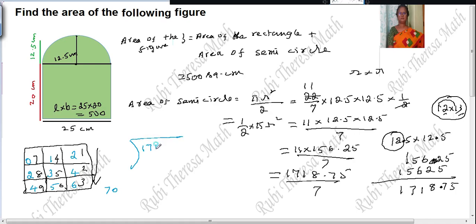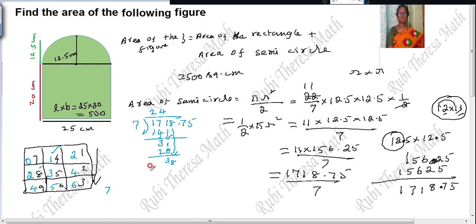1718.75 divided by 7. How many 7s are there? 2 sevens are 14, remainder 3. Bring down 1, 31. 4 sevens are 28, remaining 3.